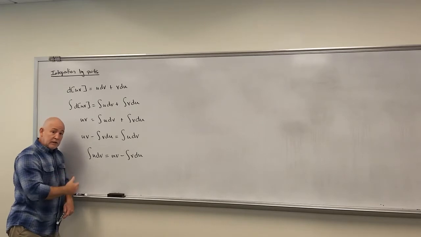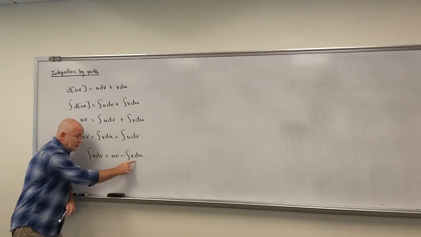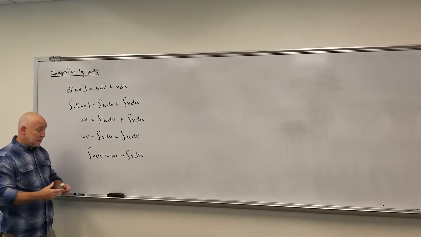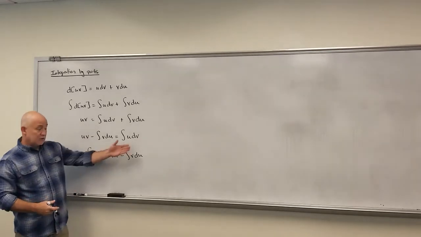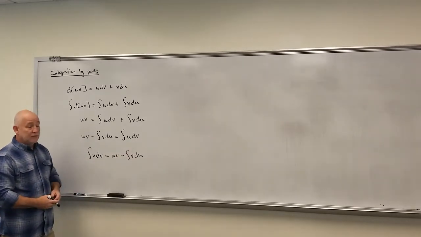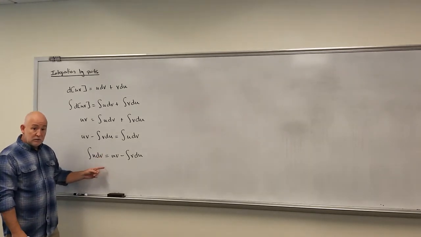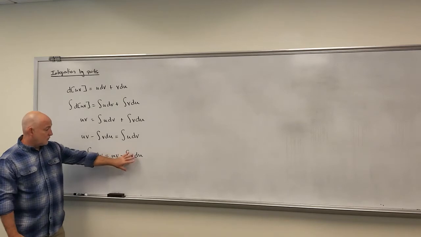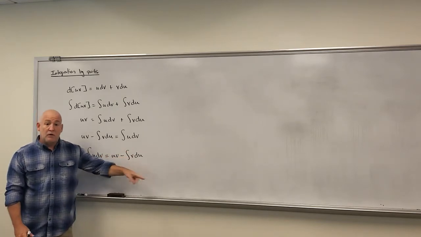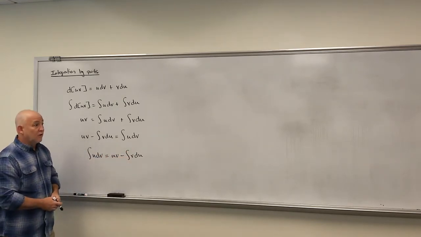Hopefully, the whole idea behind the integration by parts is this next integral will be a little bit easier to do than the original. We're kind of trying to reduce it down until we're able to integrate all the way through. Now, since this is a reduction algorithm, you can do this more than once. It's not necessarily the first time it works. You may have to keep doing by parts until you get down to something you can finally integrate.